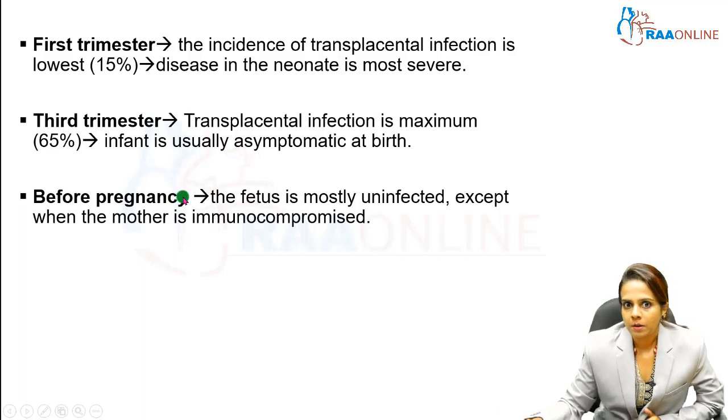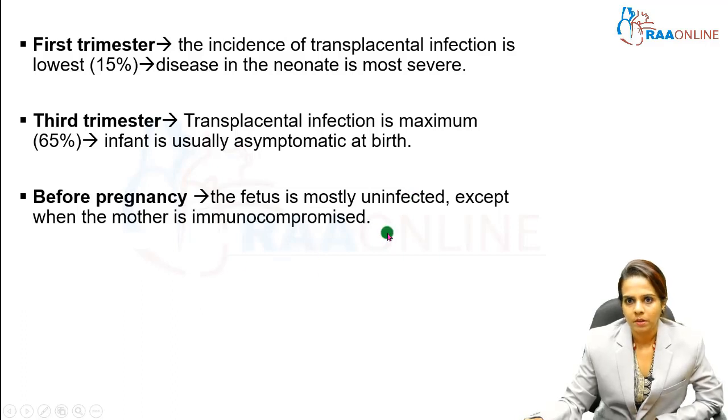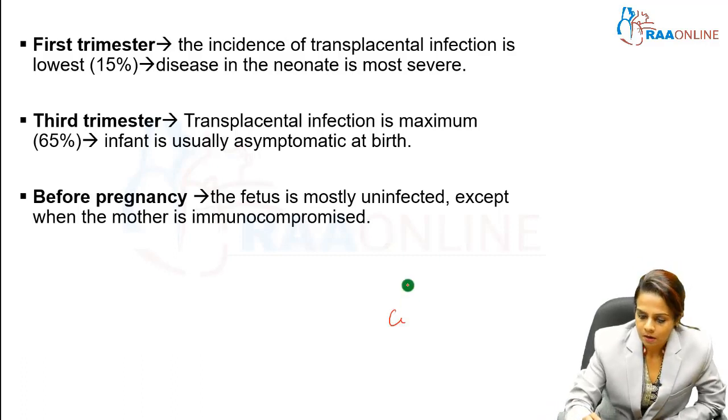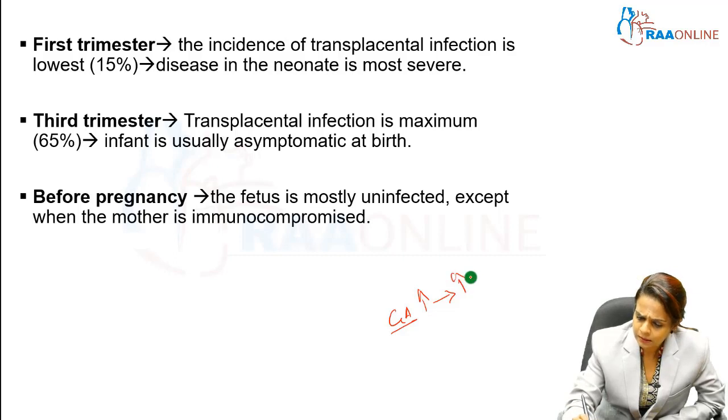If the mother acquires infection before pregnancy, the fetus is mostly uninfected, except when the mother is immunocompromised. That's why gestational age is the most common influencing factor. As the gestational age increases, the transmission risk increases, but severity decreases.